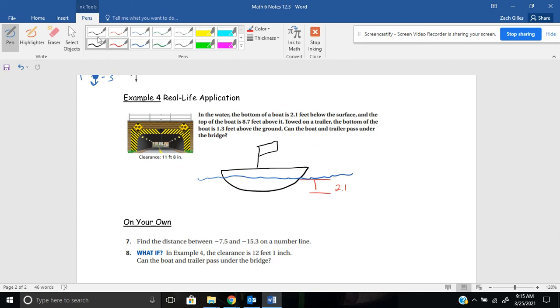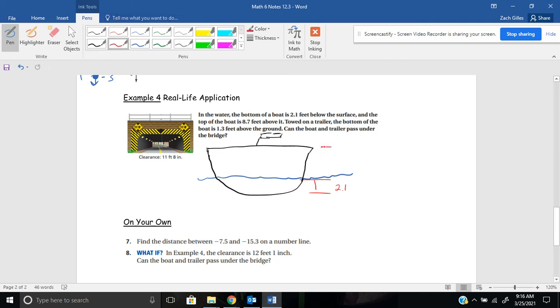Well, you can tell my picture isn't a very good representation. Maybe I should draw my boat a little bit better here. Maybe we've got like a sweet yacht or something. It's a good thing I'm not an artist. Now my flag's going to be small. Okay, we know this distance.